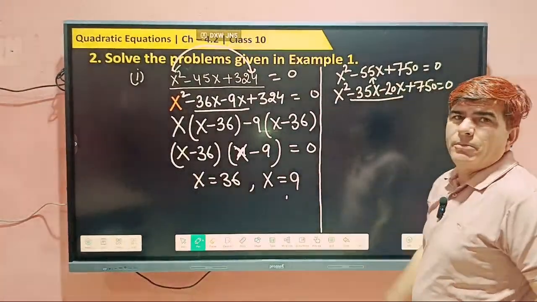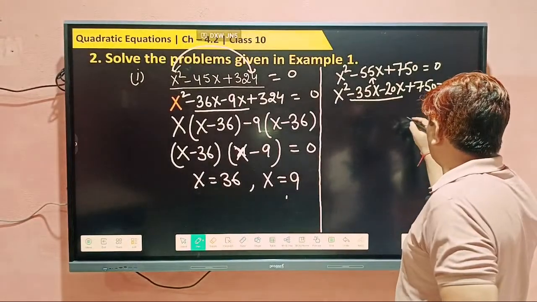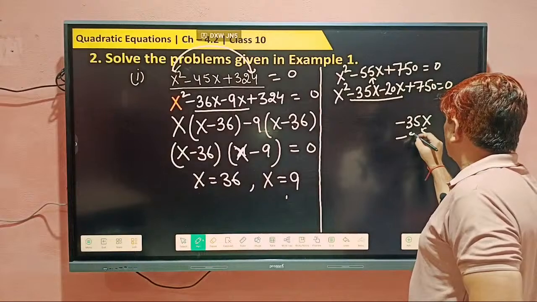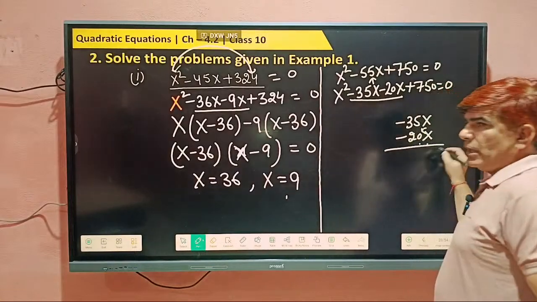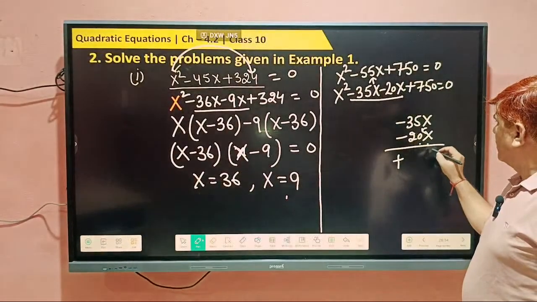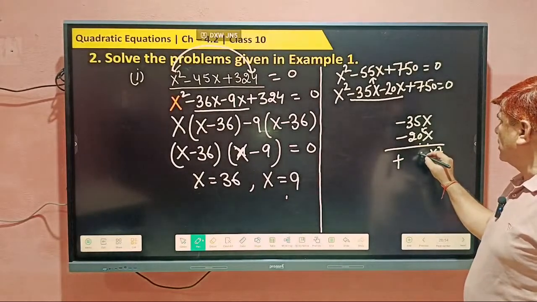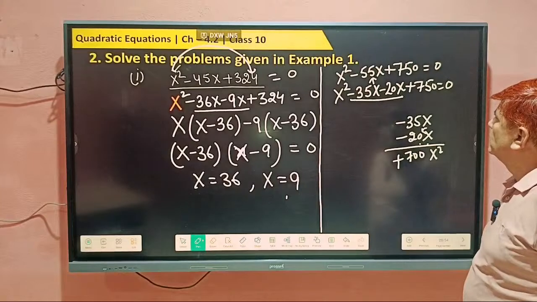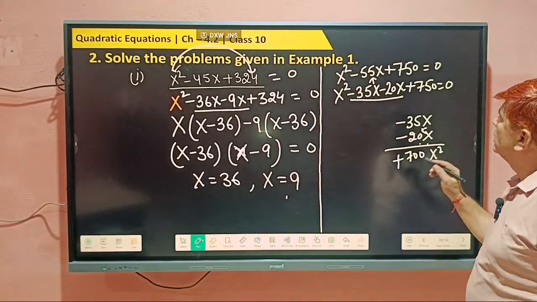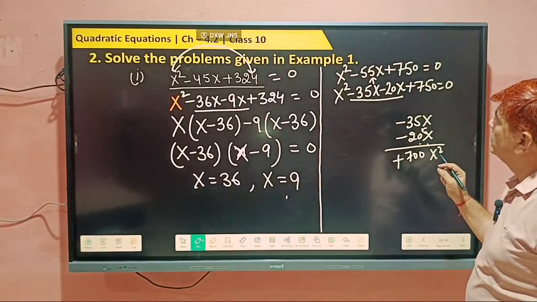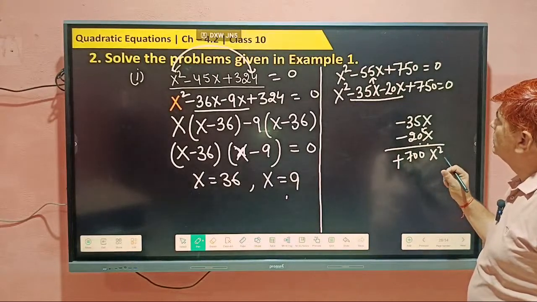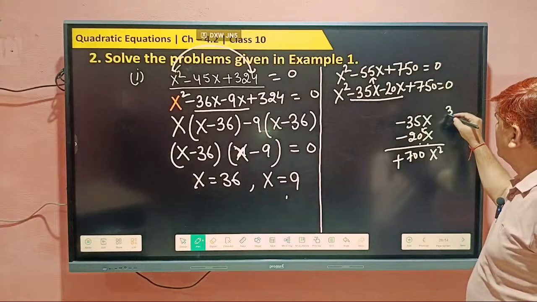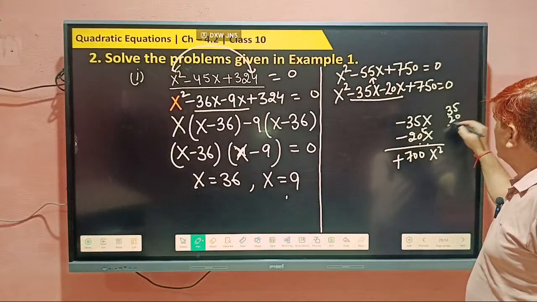It means step number 1 is right. Step number 2, what's their multiplication? Minus 35x minus 20x, minus minus plus, x square. What's its multiplication? 35 into 20, 750 is given. So 750 we need, but 35 into 20 is 700.